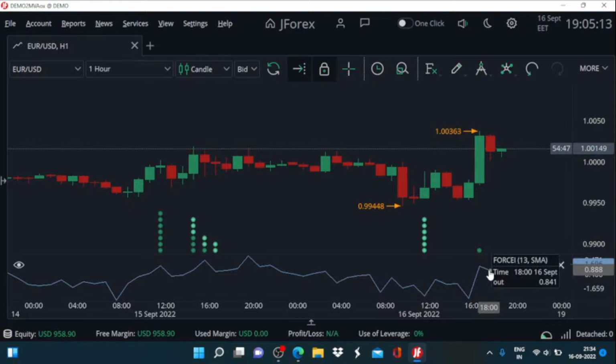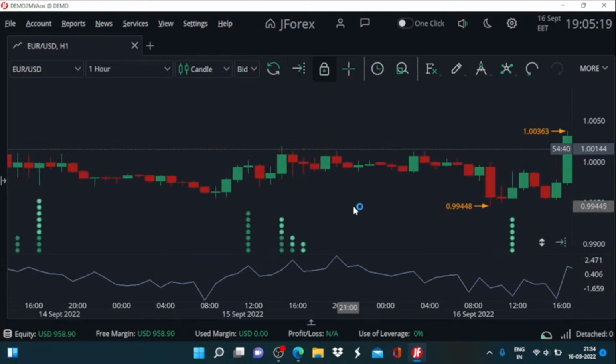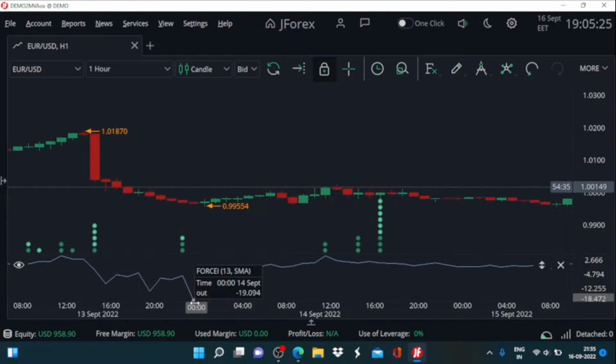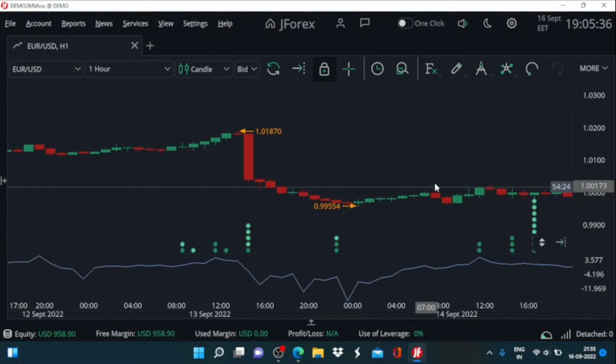The calculation of this indicator is fairly simple. The output will keep fluctuating depending on the price action. If we have bullish momentum prevalent in the instrument of our choice, Euro USD in this case, then we will have the output of the force index on the positive side, above zero.